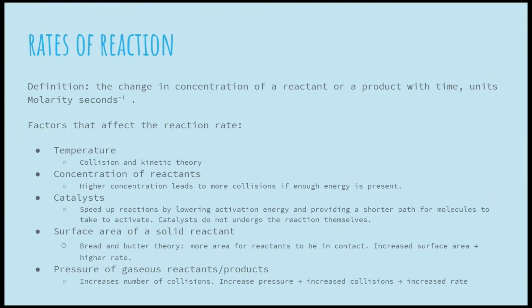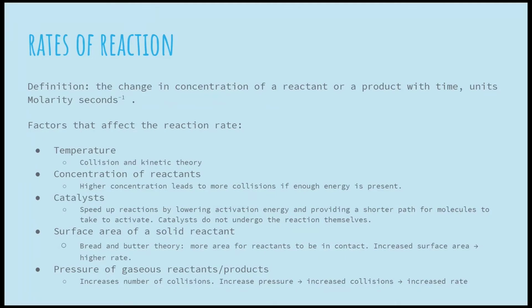The next concept is rates of reaction. The definition of a rate of reaction is the change in concentration of a reactant or a product with time. Units are molarity per second, which also means concentration per second.